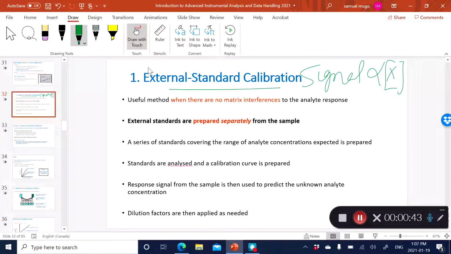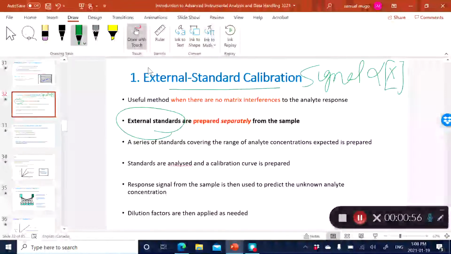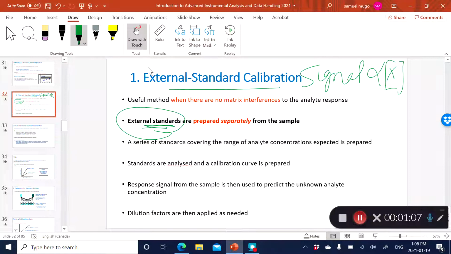Now the external calibration method is where you prepare the standards, and of course you're preparing them with very known concentrations, so you're very accurately determining the concentration of the standards. I hope it's clear, standards have known concentrations of the analytes, and then you're analyzing them using the instrument separately from the unknown, which is the sample.